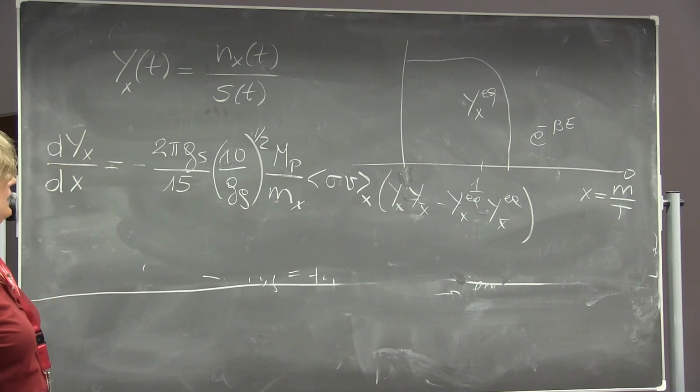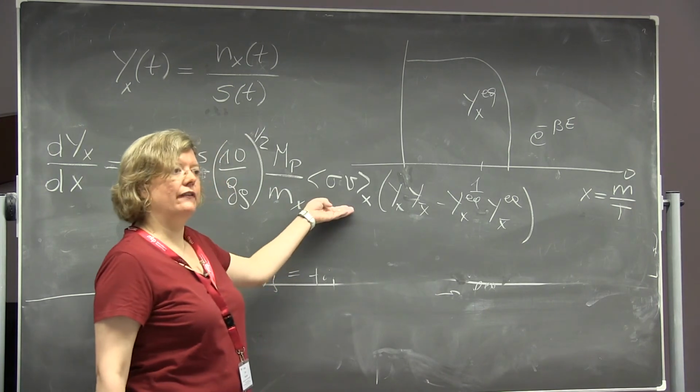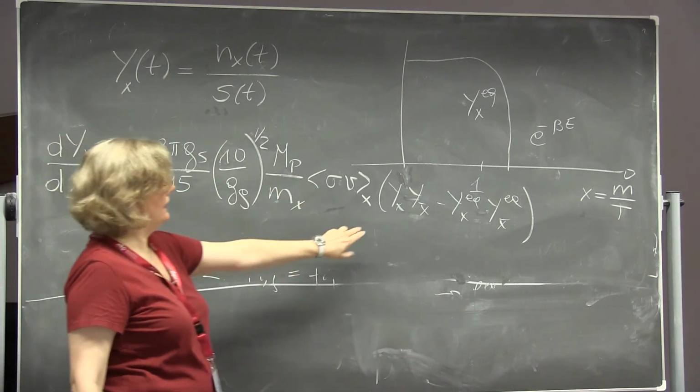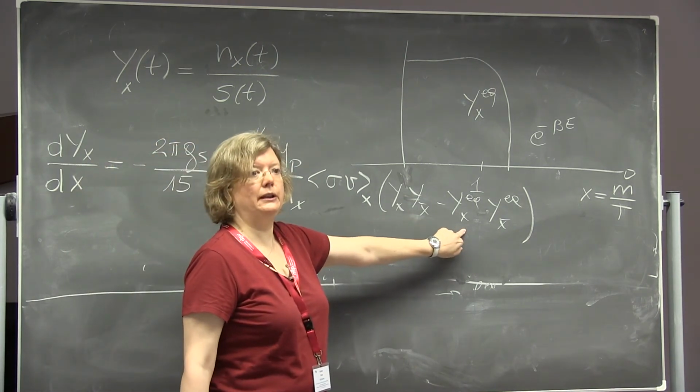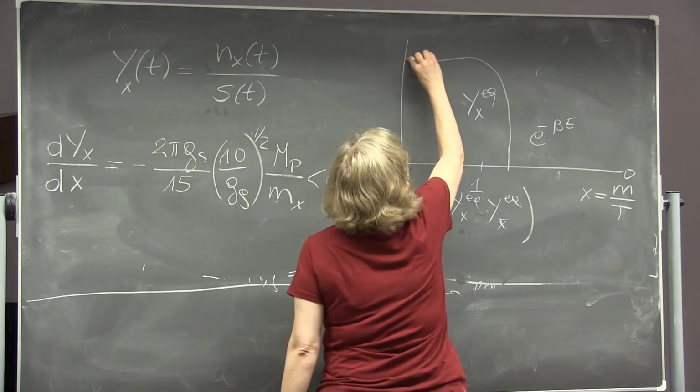I will just tell you what the solution is, probably most of you already know. As long as you have a sigma which is very efficient, then it's clear that the only way to have a constant solution is to have the number density equal to the equilibrium number density. And this will actually be the beginning. You start following the equilibrium.